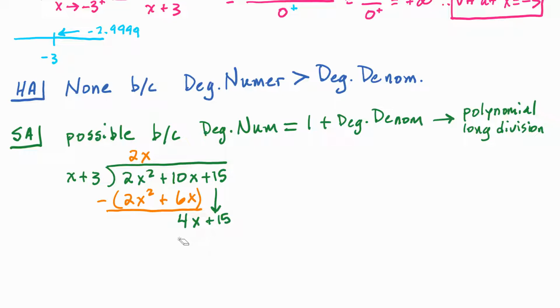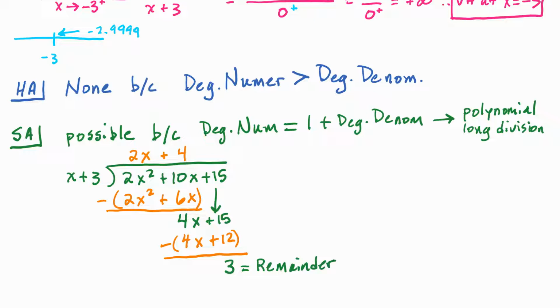Now we want to cancel out this 4x, so we're going to add 4 up here and then do the multiplication. 4 times the quantity x plus 3 is going to be 4x plus 12, and then we have to subtract that. 4x minus 4x cancels out. 15 minus 12 is 3, and this is the remainder.